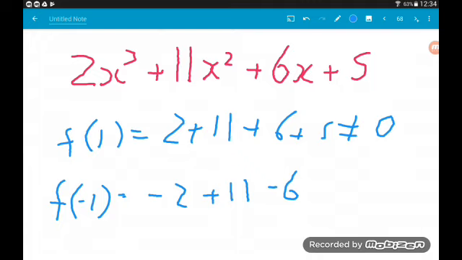And then we got plus 5 on the end. So what's that? That's minus 2 add 11 is 9. Minus 6 is 3, add 5. Well, it's not equal to 0. So, neither 1 nor minus 1 gave us a factor.